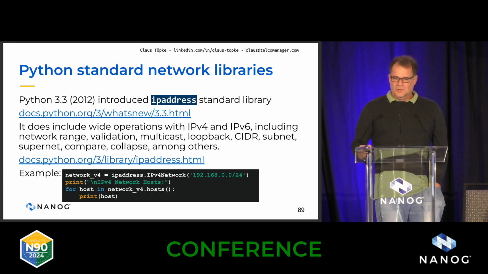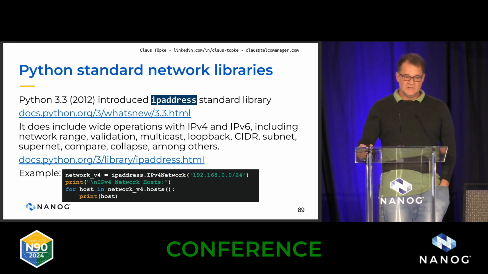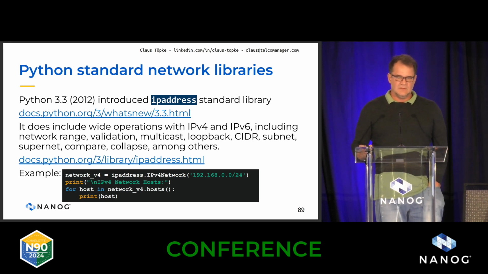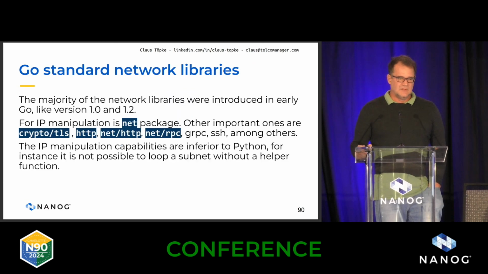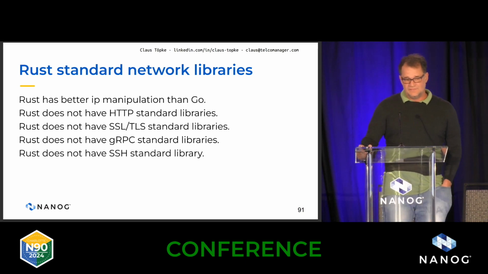I was working with 2.7 at that time. I remember they came with this, and then I migrated to 3 just because of this module, because it was much easier to work with IP, and it was a standard library. Go does have some network capabilities as well, like standard libraries for network, like RPC and HTTP, cryptography as well, and Rust does not have.